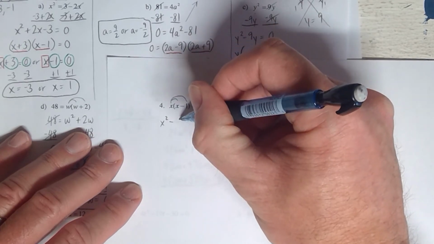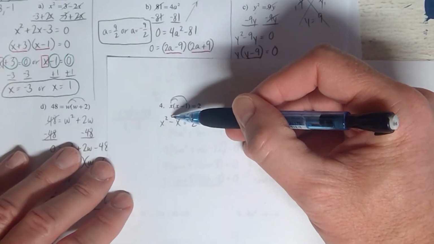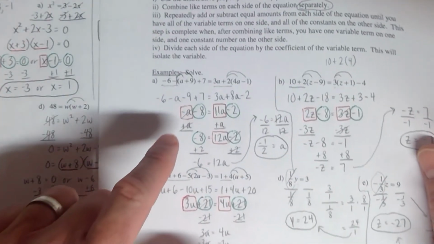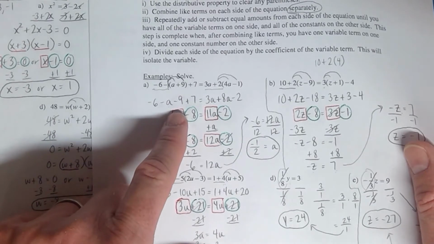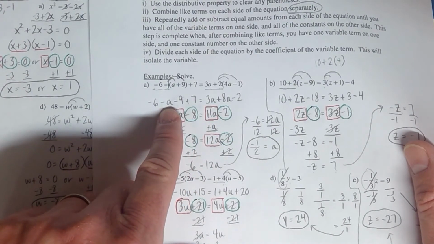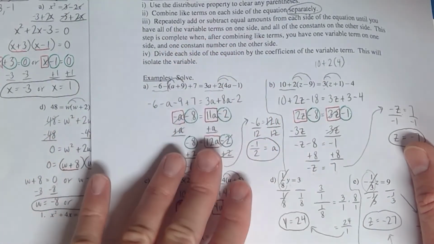So get rid of your parentheses first, you guys, then figure out what the biggest exponent is. You can see here after I clear out the parentheses, the biggest exponent is x to the second. Whereas in the previous video, even after you got rid of the parentheses, you still didn't have any second power. You just had a to the first, a to the first, a to the first. That's what made this linear.